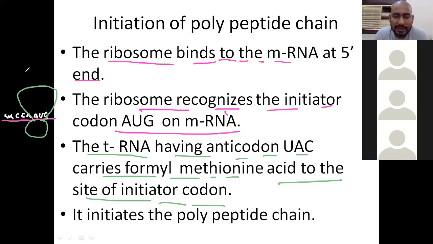The tRNA having anticodon UAC carries formyl methionine to the site of the initiator codon. So you have to learn that formyl methionine is always found in prokaryotes and is generally not found in eukaryotes. It initiates the polypeptide chain, meaning it is involved in the initiation of polypeptide synthesis.